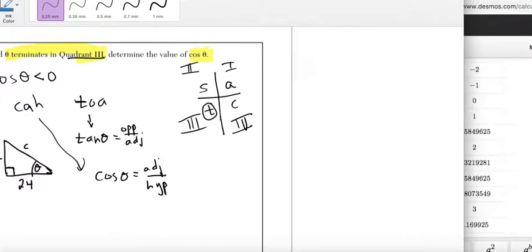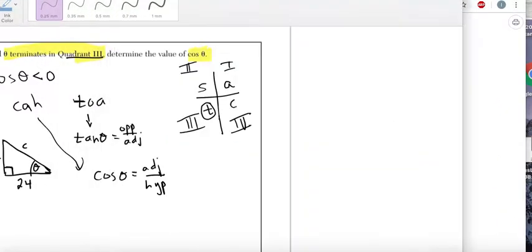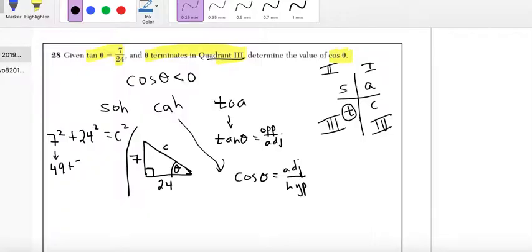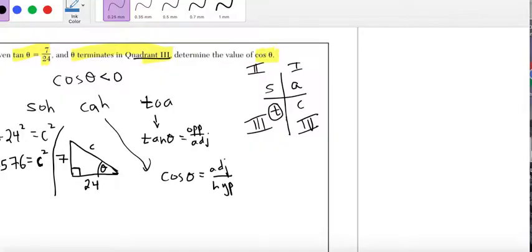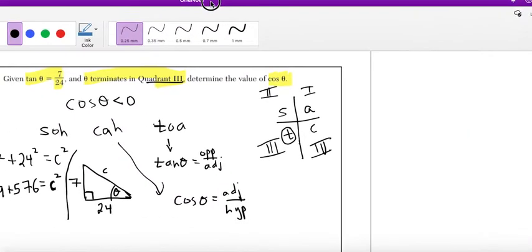So let's just use the calculator and find out what 24 squared is. 576. Y'all saw that? So plus 576 equals c squared. Sorry if this was kind of messy. And then we're just going to add 49 plus 576, 625. So 625 equals c squared.